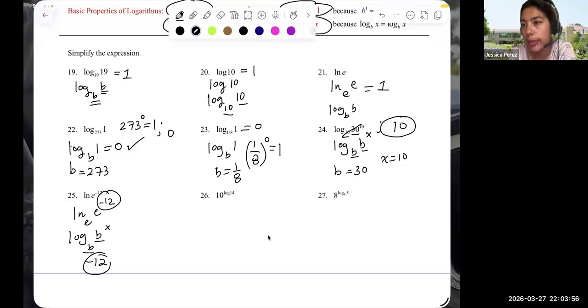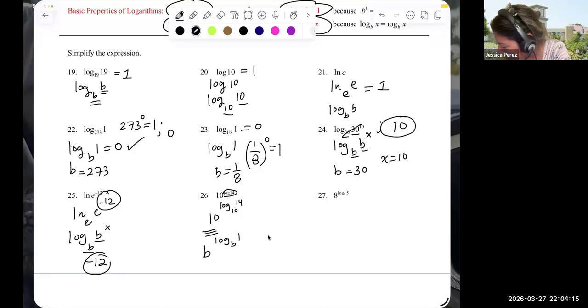So right now, all you're doing is simplifying the expression. Here you have an exponential 10 to the log of 14. You don't see it here, but the log has a natural base of 10. So here you have b to the log base b of 14.